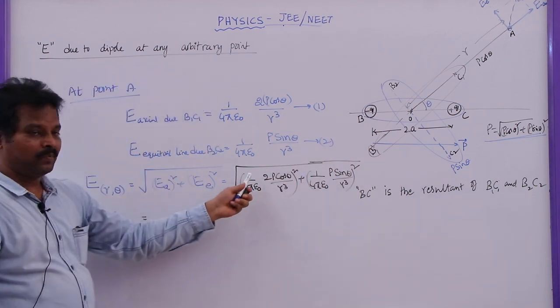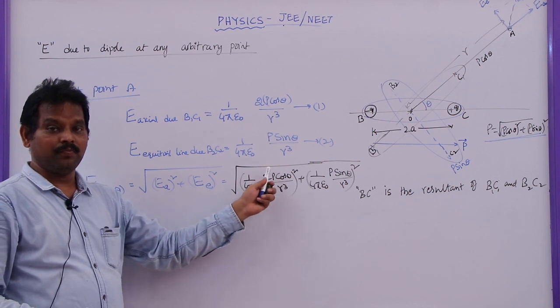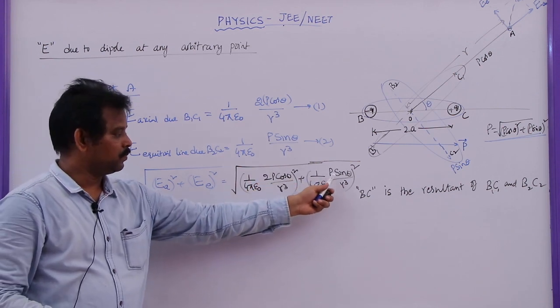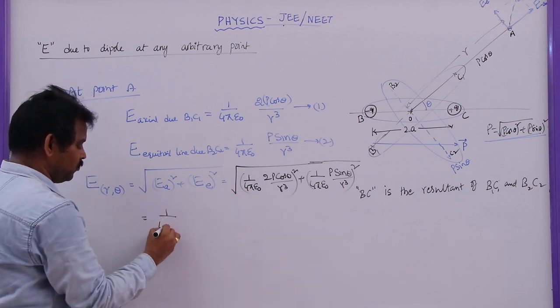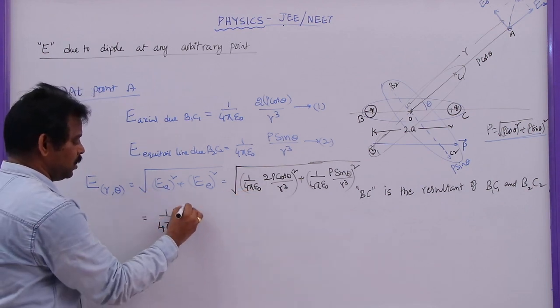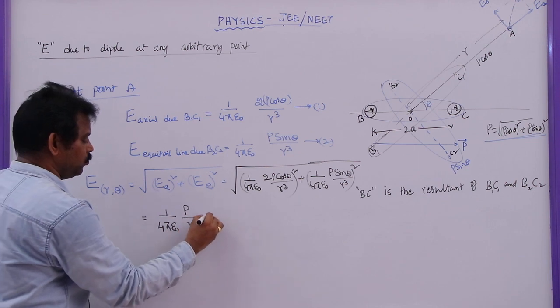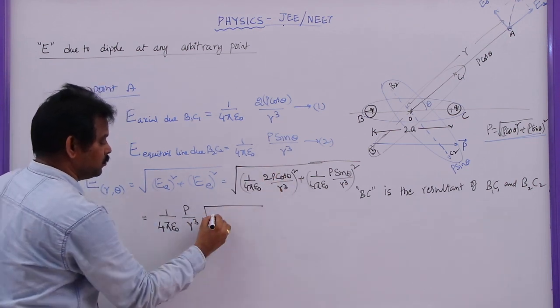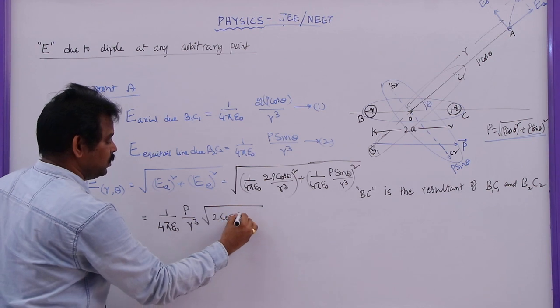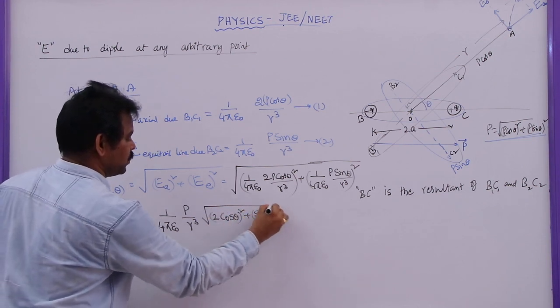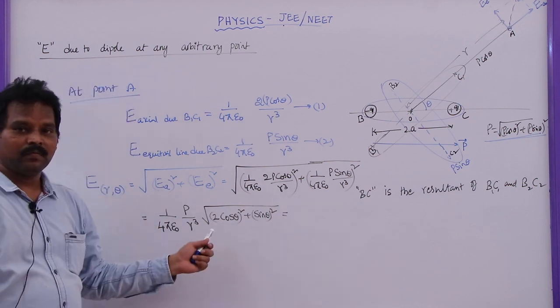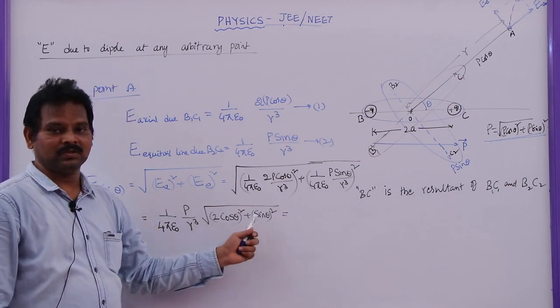You can take 1 by 4 pi epsilon naught p by r cube common in both. Bring them outside. This will become 1 by 4 pi epsilon naught p by r cube root over, the remaining terms are 2 cos theta whole square plus sin theta whole square. This will become 4 cos square theta plus sin square theta.